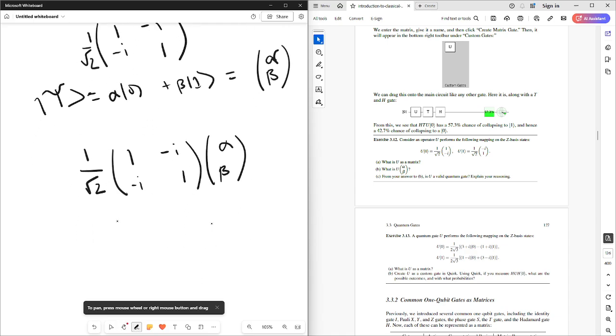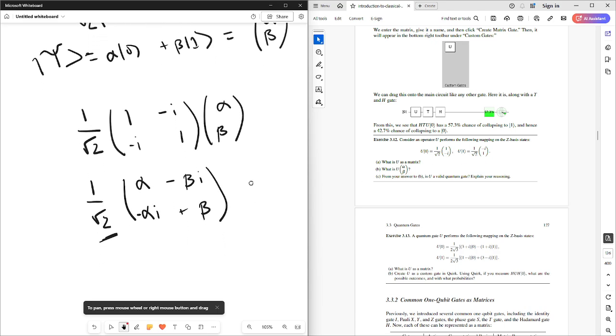So we have 1 over square root of 2 times (alpha minus beta i, and negative alpha i plus beta) with this scaling factor here. We could distribute this through, but I'll leave it out for right now.